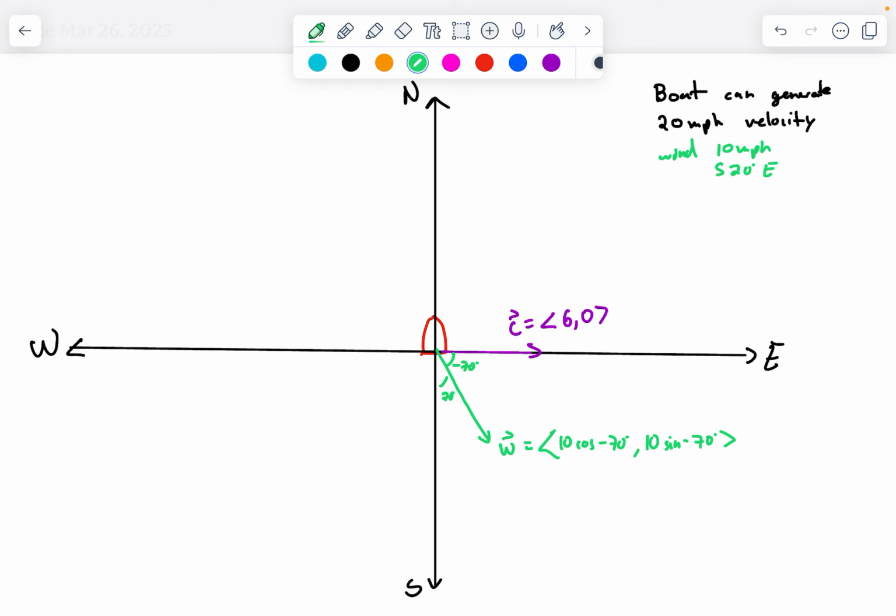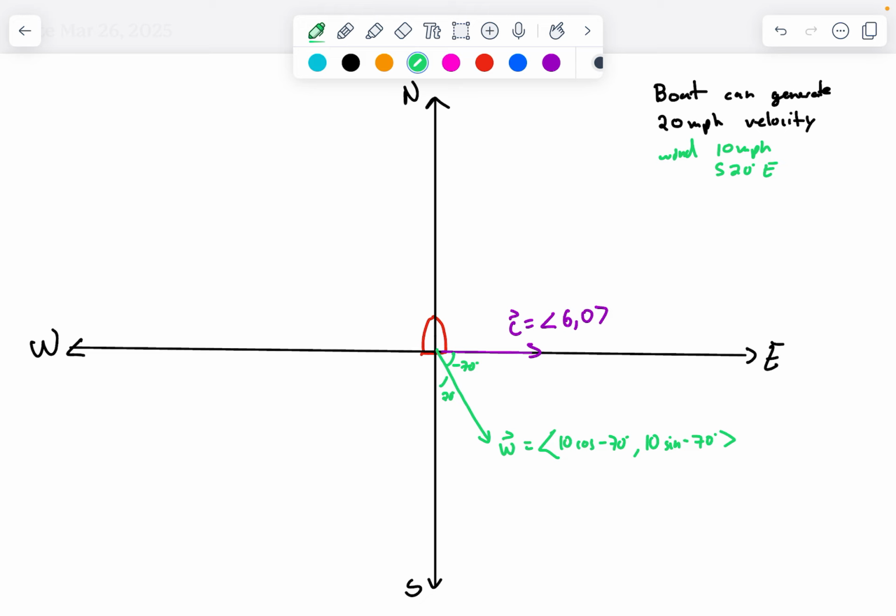Process that for a second. I'm going to grab a calculator and actually turn these into decimals. Okay, so we're going to do 10 cosine negative 70, which is obviously a positive value.